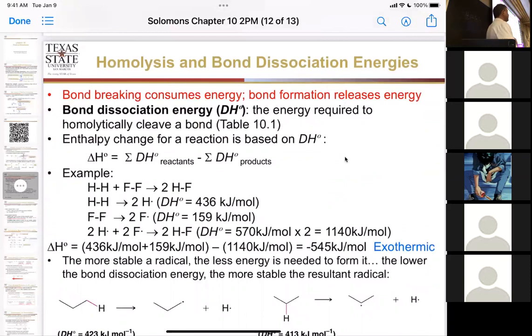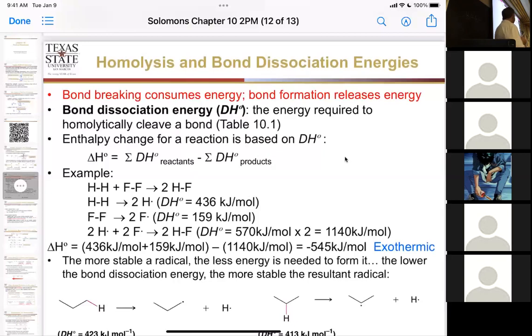Okay, so what's the driving force for this? The driving force is, of course, to make a more stable product. Okay, so in the case of this example here, we're going to take two equivalents of hydrogen and two equivalents of fluorine, break them apart, and reform a new compound, HF.